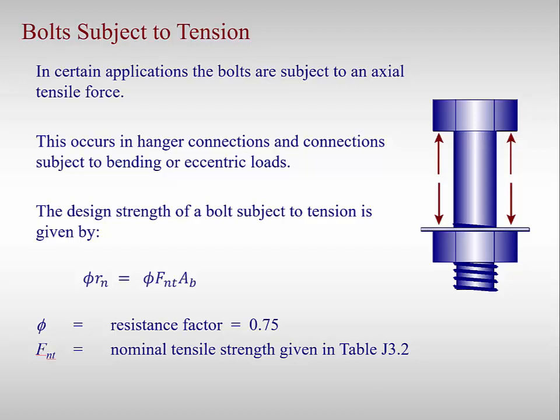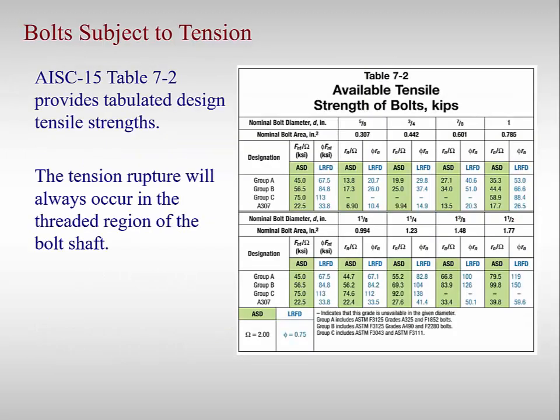That's the same table as the nominal shear strengths. The tensile design strengths are given in AISC Table 7-2. Note that the table is rather simple when compared to Table 7-1. This is because it doesn't have to deal with the thread condition nor the number of shear planes. This ends Lesson 28.